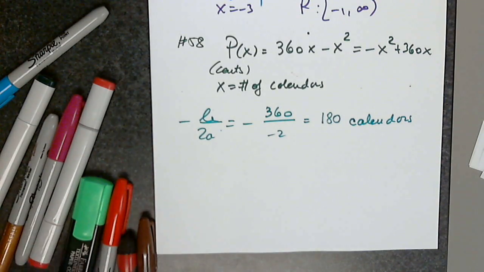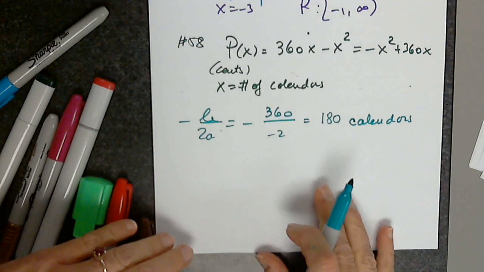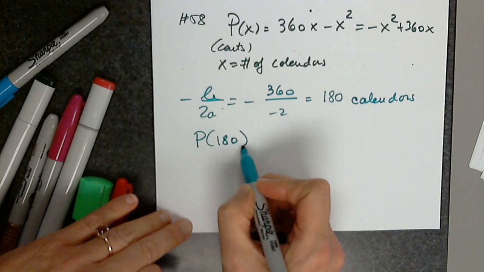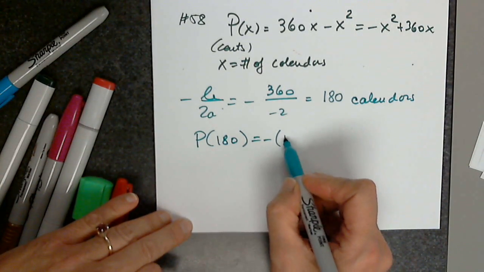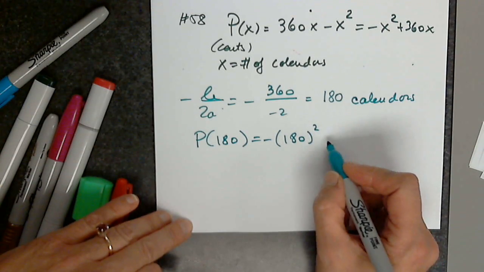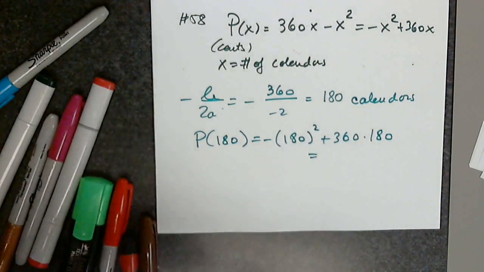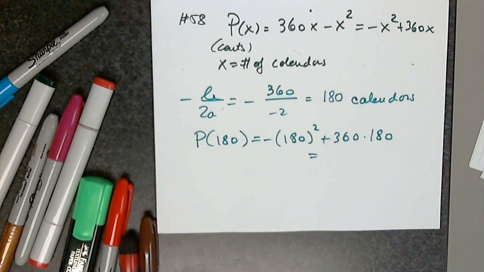Now the question is, how do I find the profit? So negative 180 squared plus 360 times 180. I plug it in the graphing calculator.